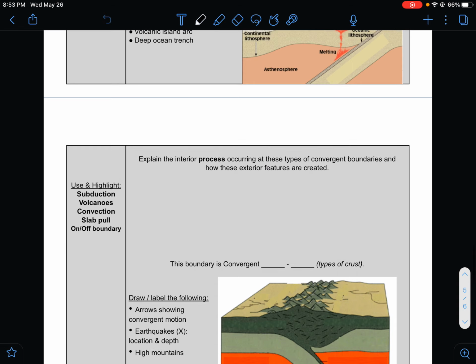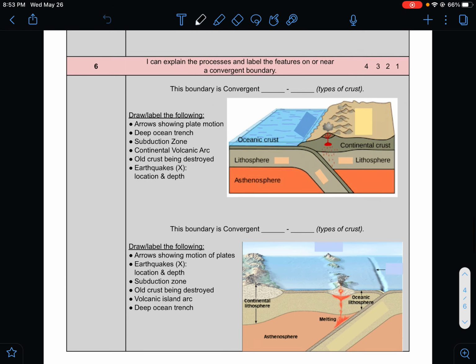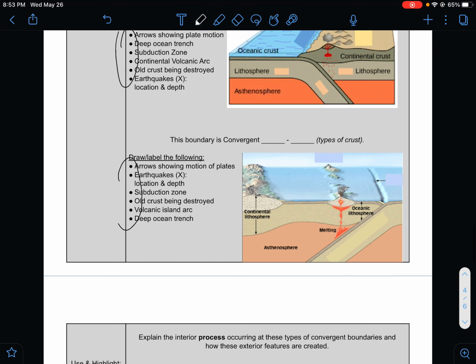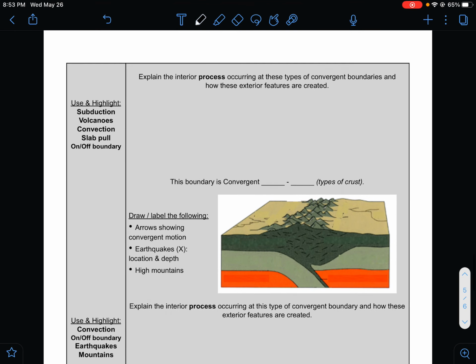Well, since we're getting done with convergent here, we can actually go through number 6, label all of these features on the drawing here, and then make sure you know what types of crust are happening here. Don't forget about this question right here. This boundary is a convergent blank blank, so tell me what types of crusts are happening here. Same thing with the second one, and same thing with this third one.